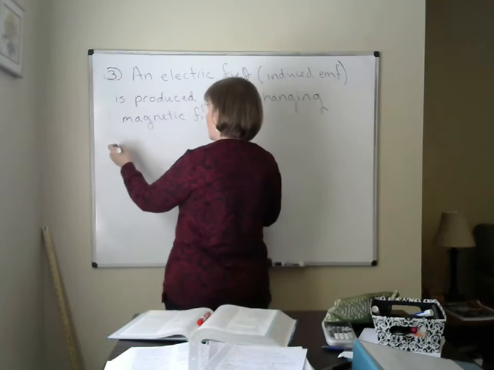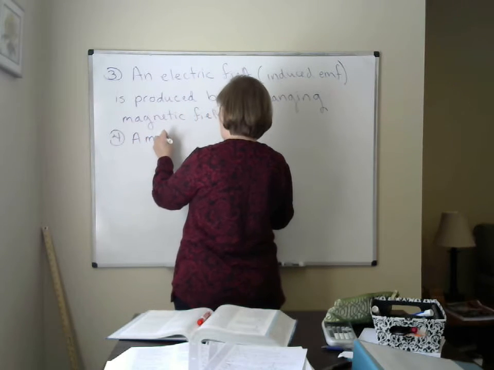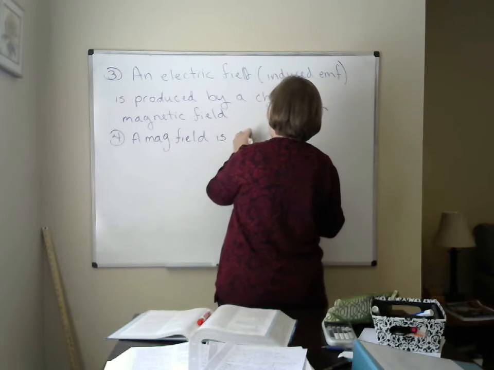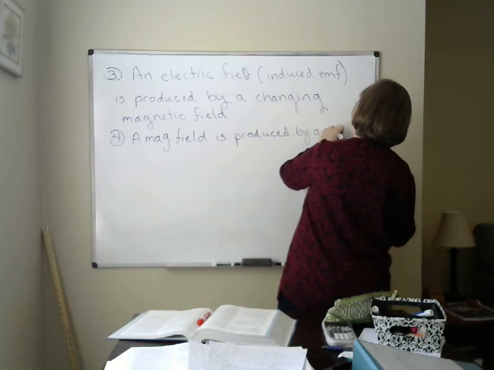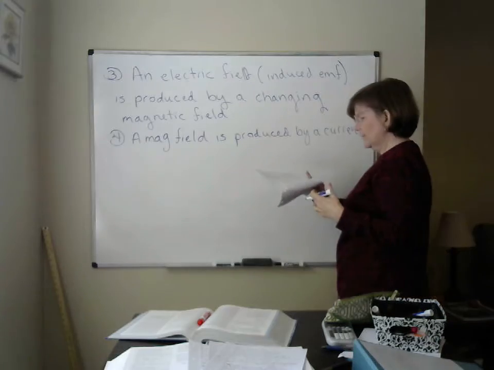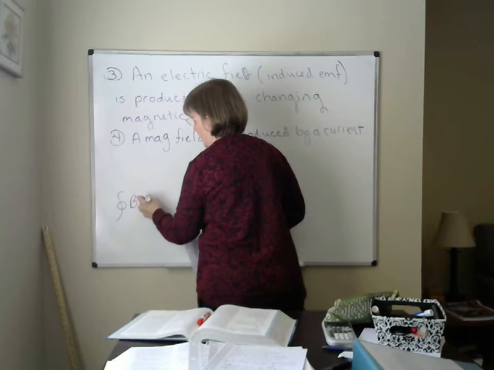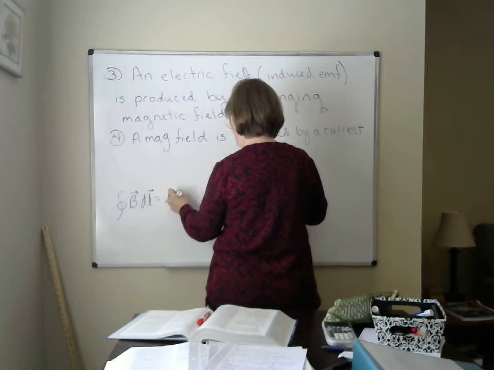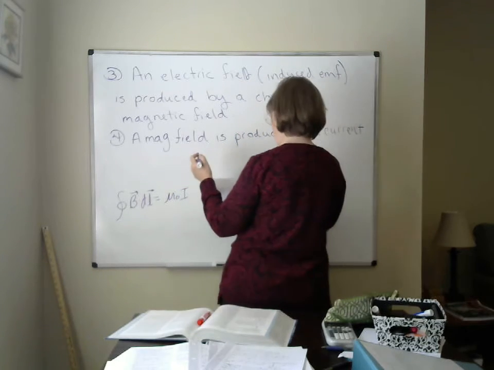And finally, our fourth one says that a magnetic field can be produced two ways. A magnetic field is produced by a current. That's the original form of Ampere's law that says the integral of B dot dl equals mu naught I, where I is the enclosed current, but there's more to it.